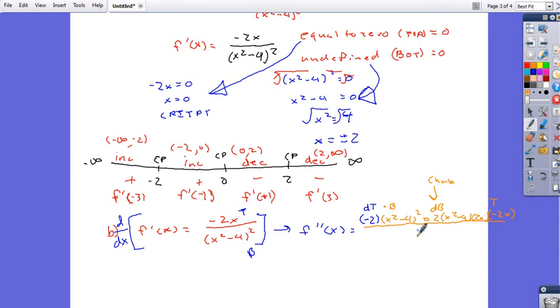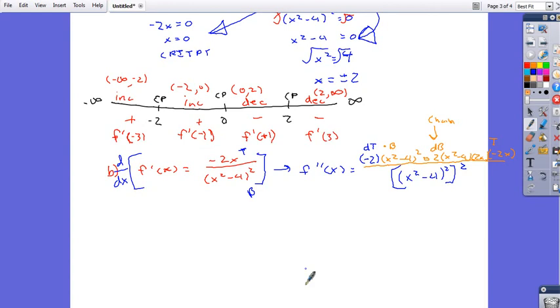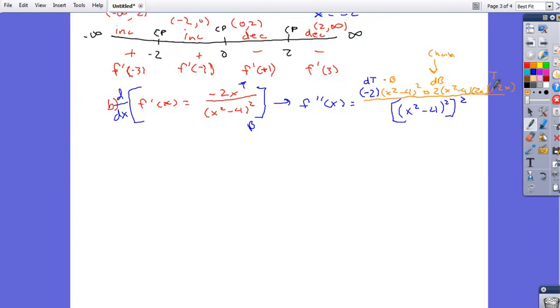Alright, so we have x squared minus 4 to the second power. We have that squared. These two exponents multiply, and then we have our final result, but we have to simplify it. So I am going to go ahead and start simplifying.